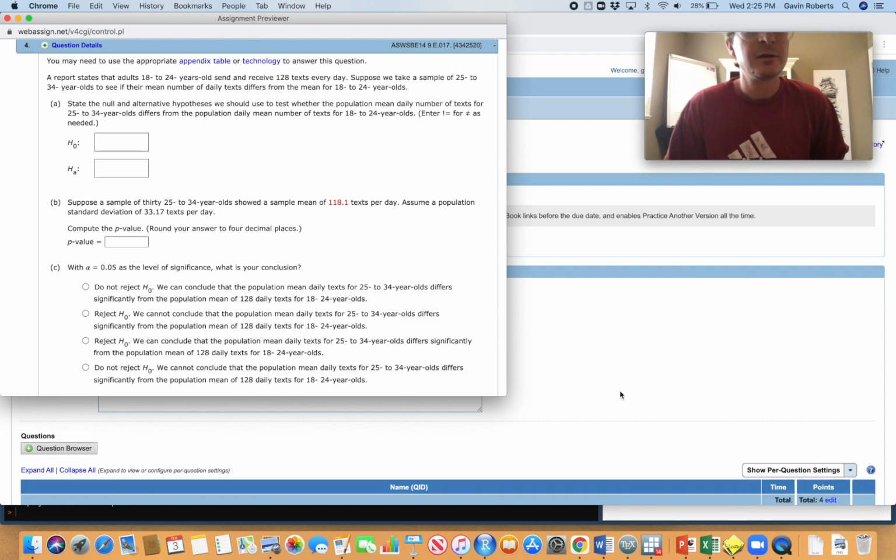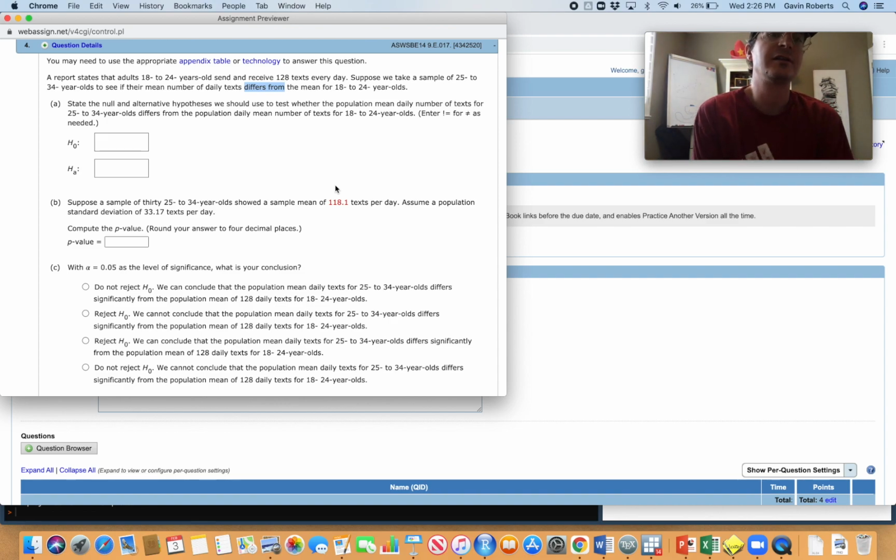So here's a representative homework problem. This is obviously about hypothesis testing. It says a report states that adults 18 to 24 years old send and receive 128 texts every day. Suppose we take a sample of 25 to 34-year-olds to see if their mean number of daily texts differs from, that's going to be a key word right there, the mean for 18 to 24-year-olds.